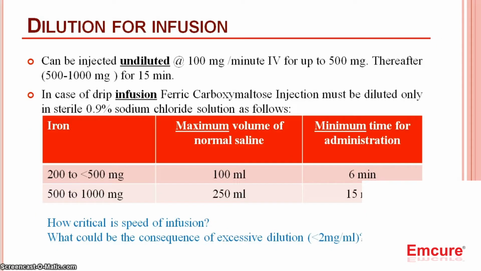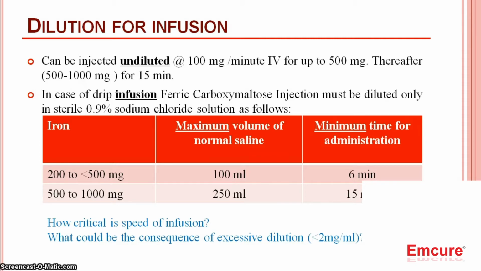Now this iron injection, FCM, can be given in undiluted form at the rate of 100 milligrams per minute IV for up to 500 milligrams. Thereafter, between 500 to 1000 milligrams over 15 minutes. In case of drip infusion, ferric carboxymaltose injection must be diluted only in sterile 0.9% sodium chloride solution.